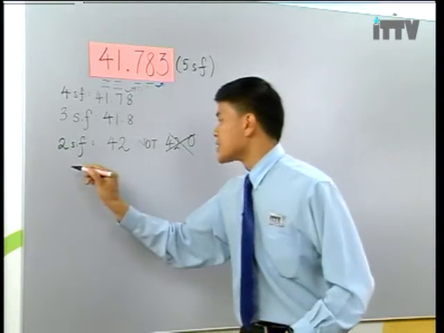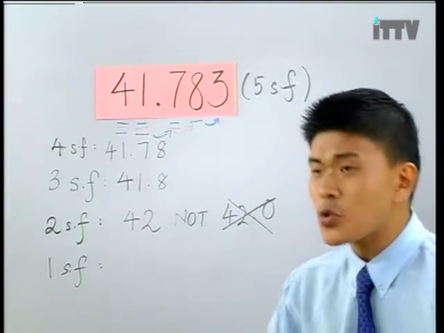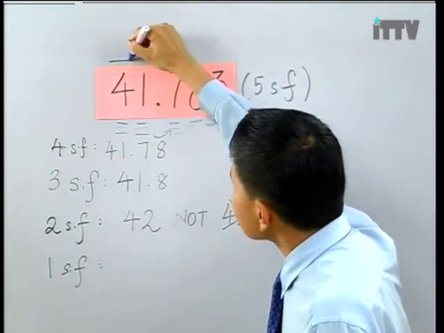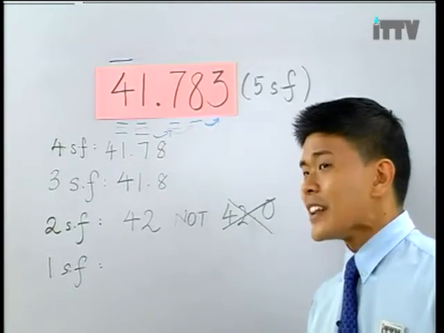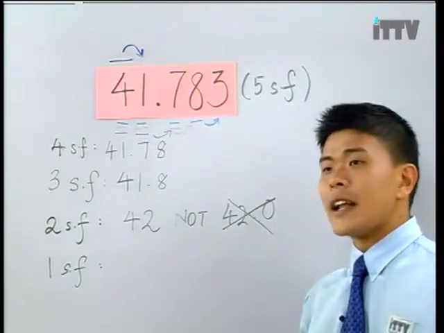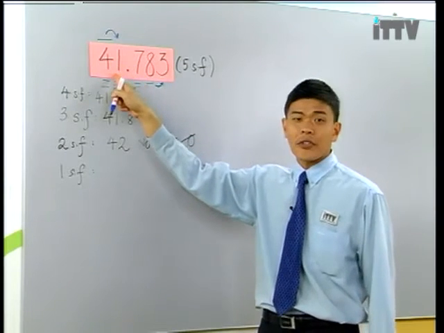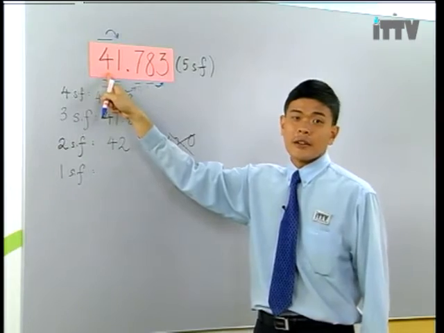Okay, and lastly, 1 significant figure. So if you want to reduce it to 1 significant figure, do the same. Underline the first digit and look at the next digit after the underlined one. Is it less or more than 5? 1 is less than 5. We do not need to add a digit.